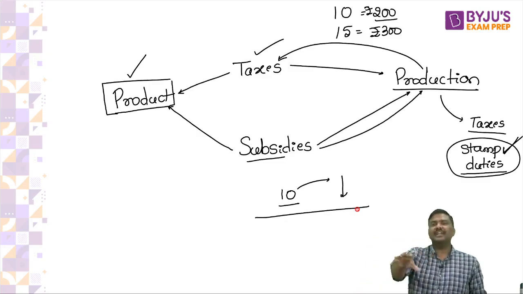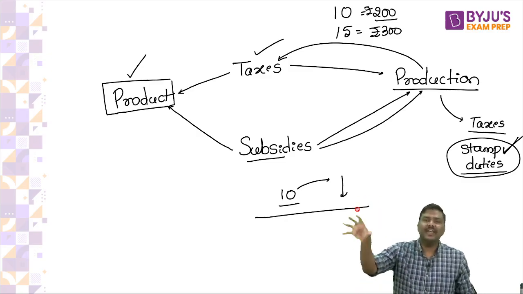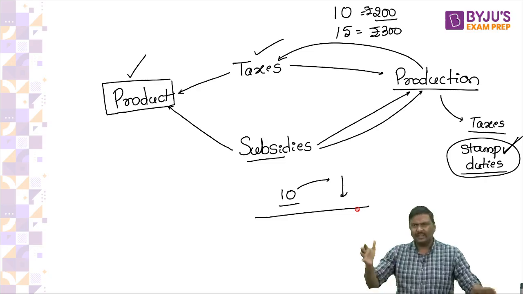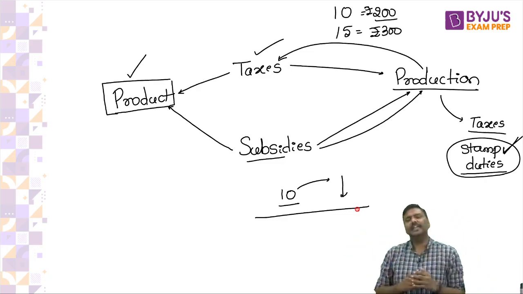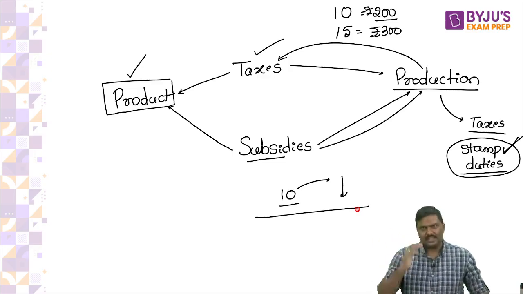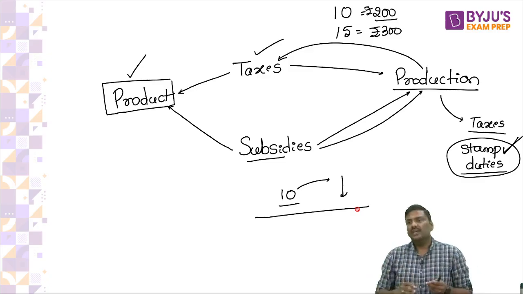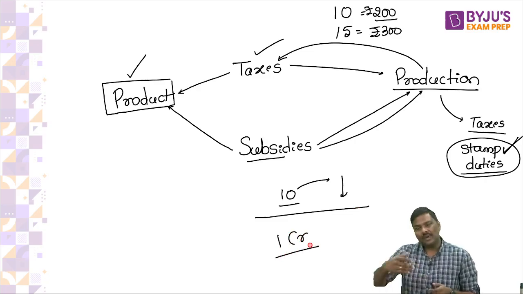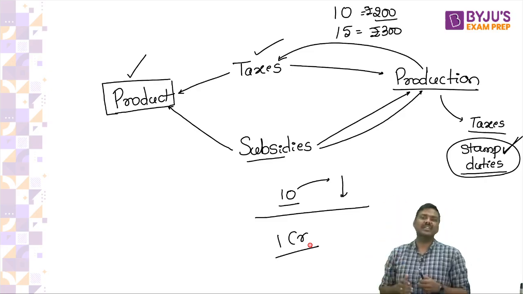Imagine you want to set up an electric vehicle production facility in India. Government will say, I want you to produce more vehicles. So what I will do is, you want to set up the manufacturing plant, I will give you 1 crore rupees.